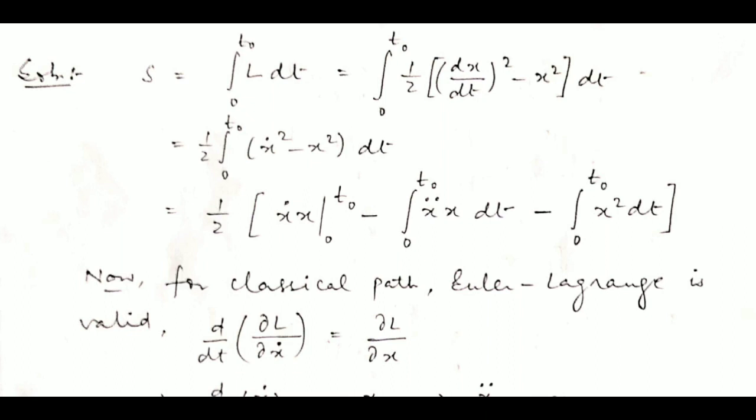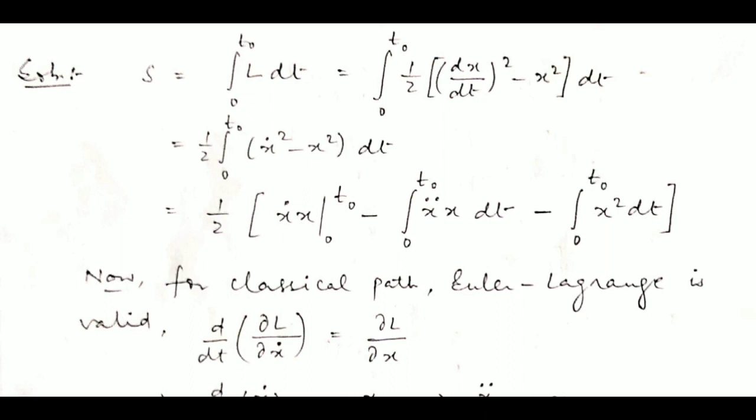Now, what is a classical path? A classical path is the path taken by a system to evolve from a certain initial configuration to a final configuration if the evolution is governed by the laws of classical mechanics. That means that the path that the system takes to evolve from an initial configuration to a final configuration is decided by the laws of classical mechanics, and such a path is called therefore the classical path.